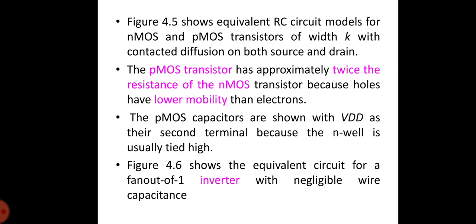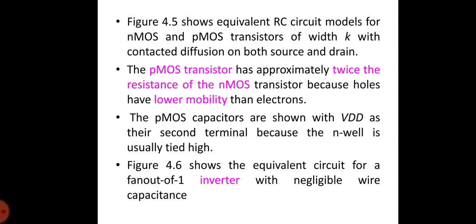These diagrams show PMOS and NMOS transistors of width K with contacted diffusions on both source and drain. The PMOS transistor has approximately twice the resistance of the NMOS transistor because holes have lower mobility than electrons. The PMOS transistors are shown with VDD as their second terminal because the N-well is usually tied high.